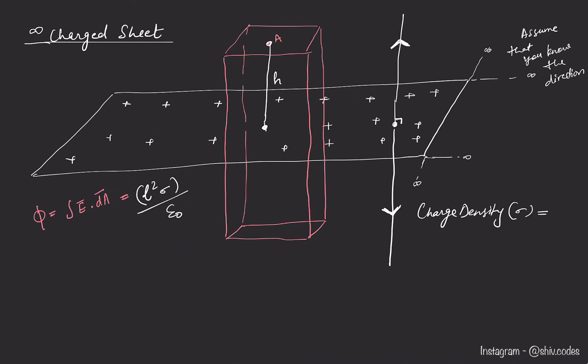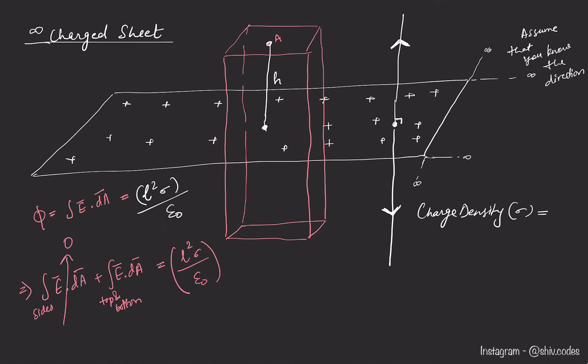Okay, so we will calculate this flux through the sides, and we will calculate this flux through top and bottom, and this will give us total flux, and it should be equal to L square sigma by epsilon naught. Now for the sides, the total flux is 0.